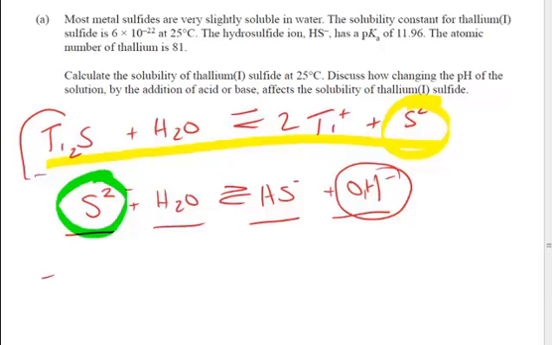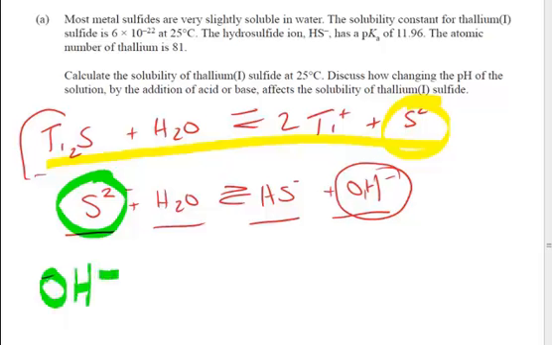So as we decrease the pH, the solubility should increase because we're removing some of the hydroxide ions, so the sulfide ions move across, and that means the solubility will increase.